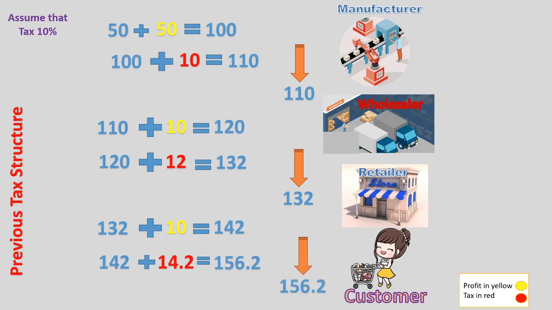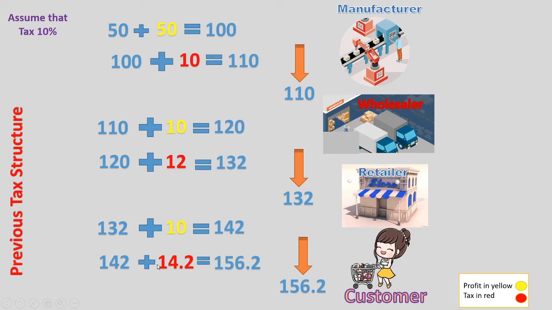Now here you can see that there is tax on tax. That means here the manufacturer is already paying 10 rupees tax. Again the wholesaler is paying 12 rupees tax on the same product and the retailer is also going to pay 14.2 as a tax.